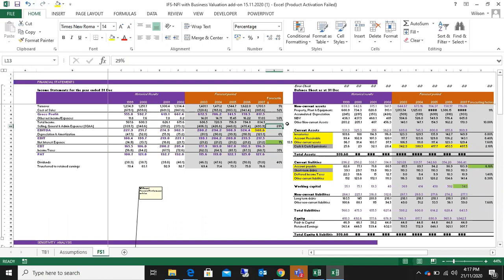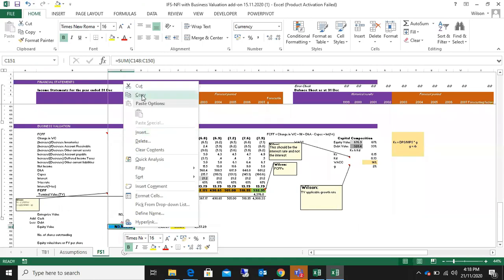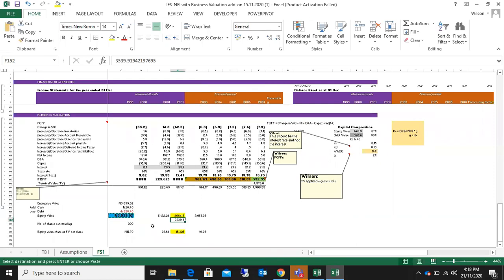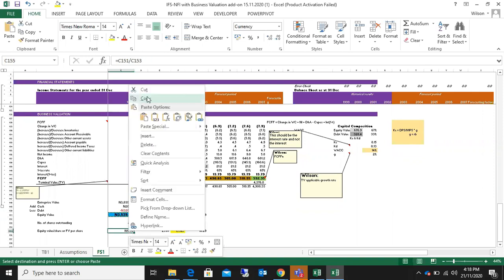We have this as 40%. The value is now this, $3.5, but the equity value is now this.